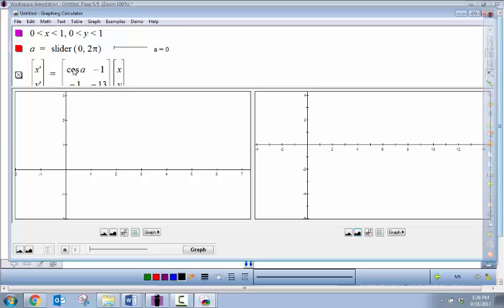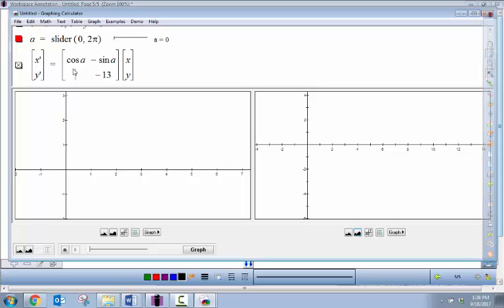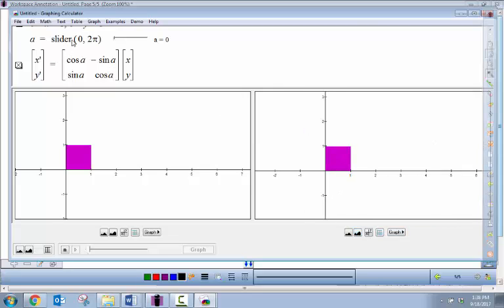So cosine, oh, that was a minus. Pretty cool, huh? Anyways, so it's a rotation around the origin.